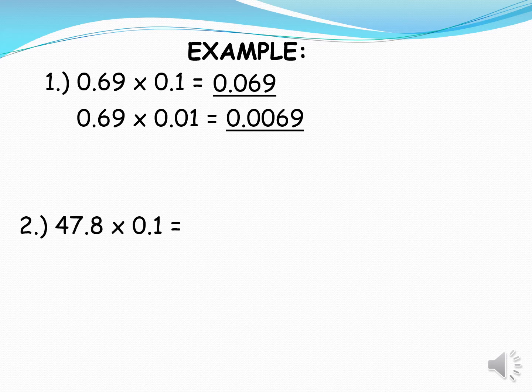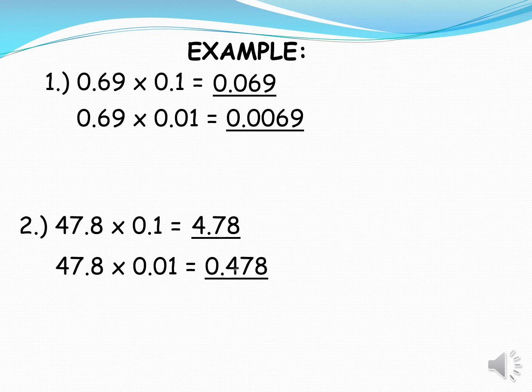Number 2, we have 47 and 8 tenths times 1/10 is equal to 4 and 78 hundredths. 47 and 8 tenths times 100 is equal to 478 thousandths.